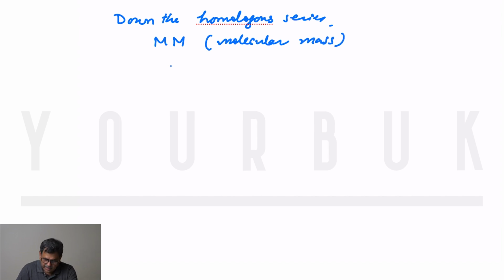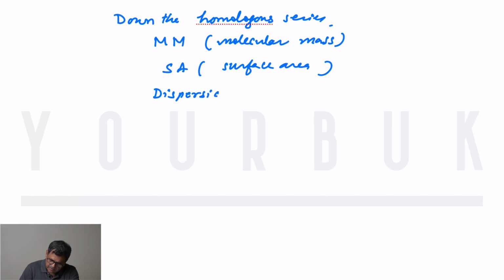Then as a result, the surface area increases. And down the series, the dispersion forces dominate over other forces. So the dispersion forces also increase, and the boiling point also increases.